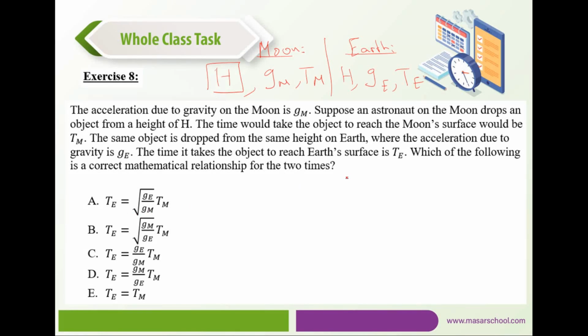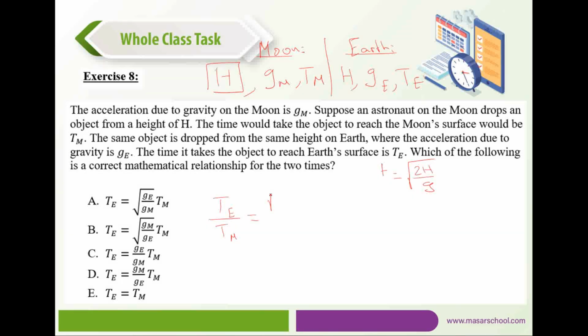So remember that, okay, here they didn't mention that air resistance is negligible, but we're gonna assume it, and it's released from rest. Then the time is given by radical 2h over g, and the best way to determine a relation between two variables is to calculate the ratio. So since we are interested in expressing te in terms of tm, we'll say te divided by tm.